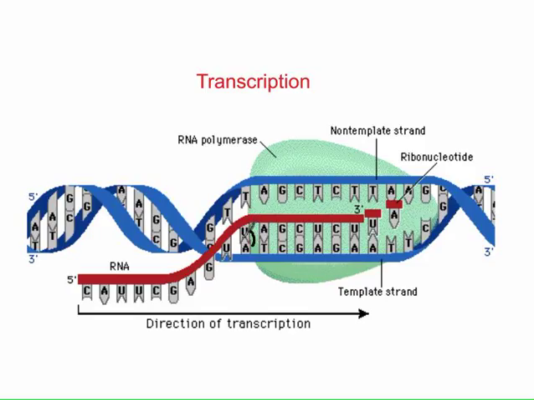So any place where thymine would have been for DNA, it's now going to be uracil. Adenine still binds to thymine, but where you would have had thymine in the DNA, you're now going to have uracil.